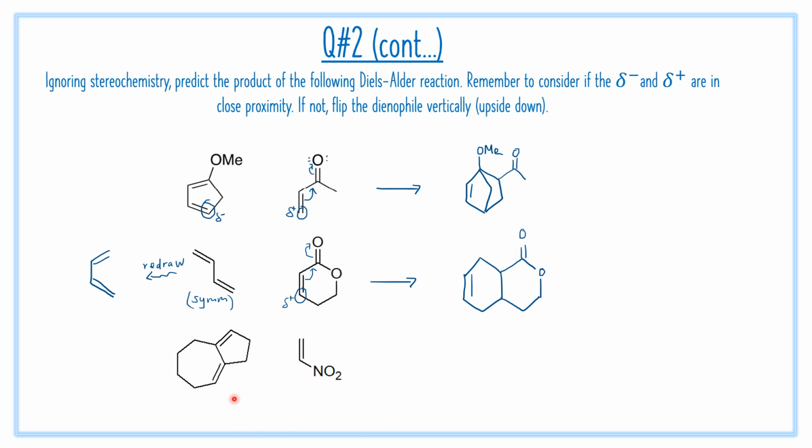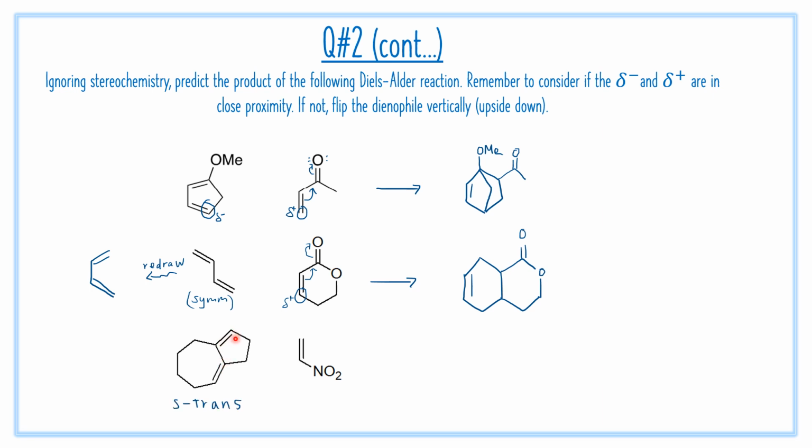Now for the next one, remember what I said for the previous problem? It has to be an S-cis formation. And sometimes you can twist the sigma bonds, like in this one, to make it S-cis. But for this one, when you look at it, can it rotate the sigma bond over here to make it S-cis formation? The answer is no, it cannot.